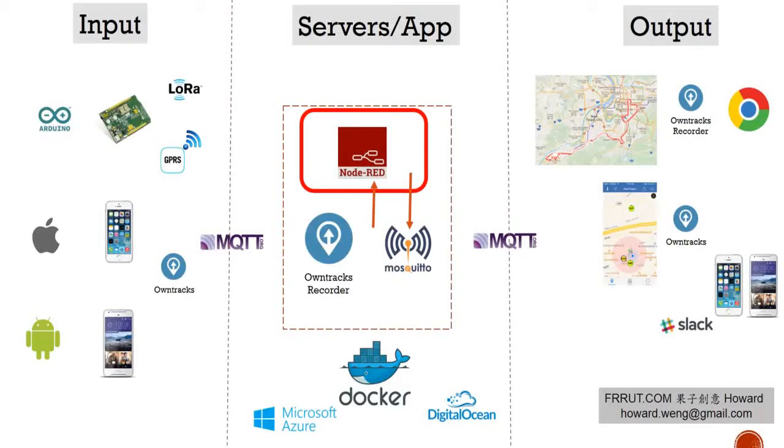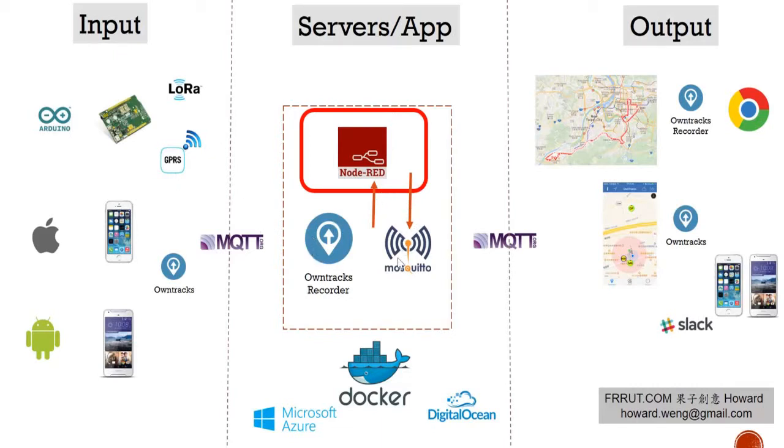That means we will convert Arduino GPS data through Node-RED and add some essential data such as time and ID and combine into a new message format, which OwnTracks and Recorder servers can understand.